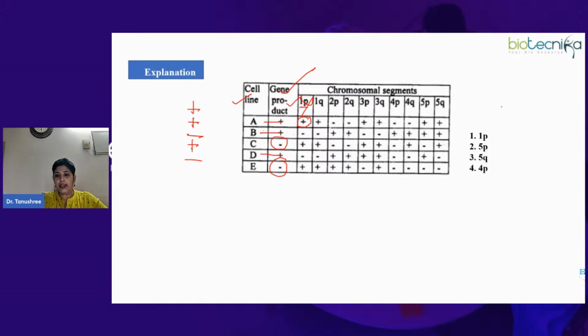So if you look here, we have the option 1p, which is not showing it. If you check 5p, yes, 5p is exactly showing this pattern: plus plus, that is gene product presence for A and B cell line, not for C, not for E, but for D. And if you see 5q, it is showing plus plus plus minus minus, so again, this cannot be the answer. And 4p, again, this cannot be the answer. So you can see it's a very easy question.